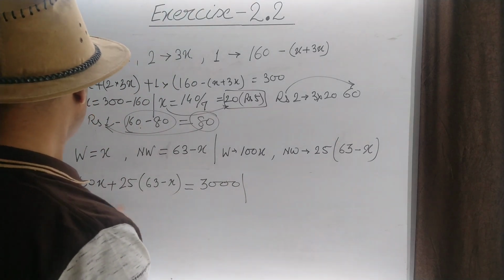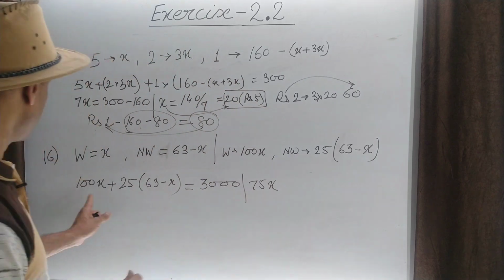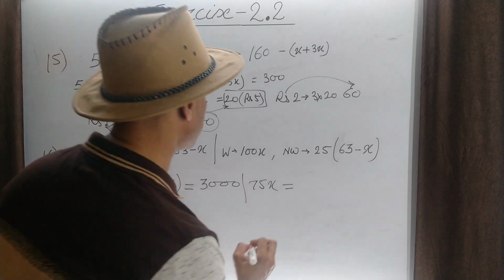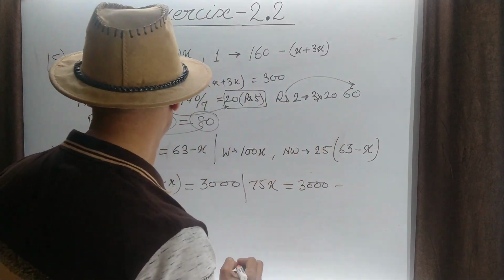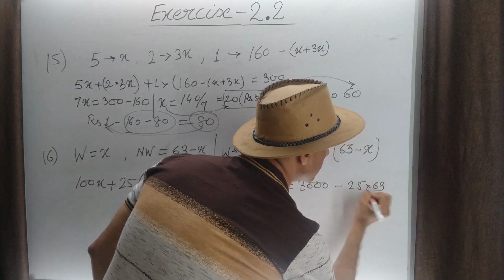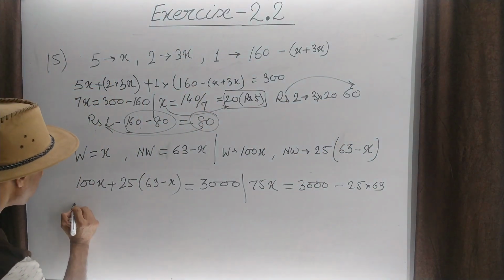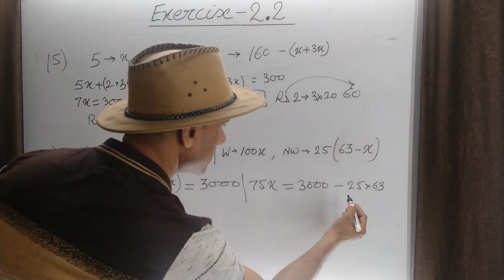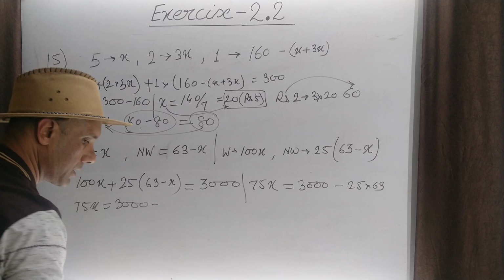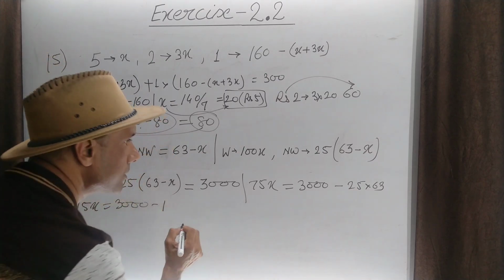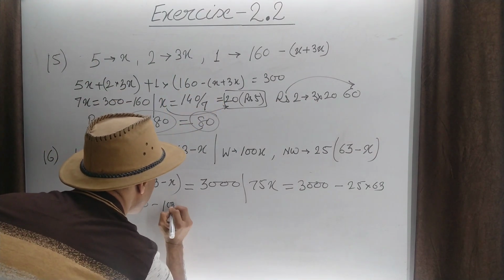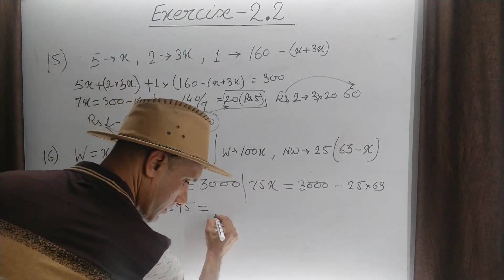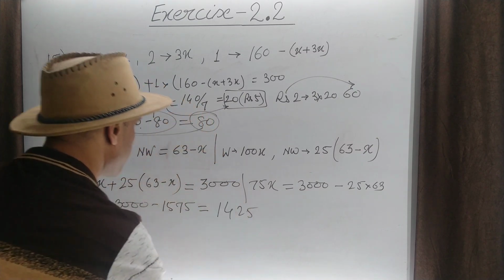Okay, so let's find the value of x here. We have got 75x here. Okay, 100 minus 25, 75x is equal to 3000 minus 25 into 63. Okay, so we get here 75x is equal to 3000 minus 1575. Okay, this is equal to nothing but 1425.